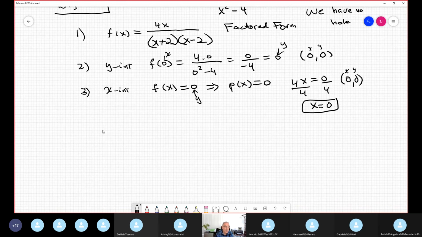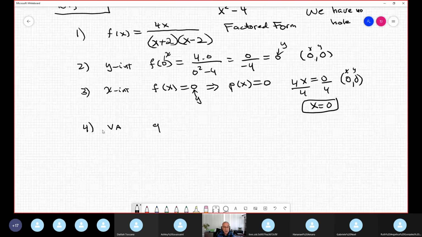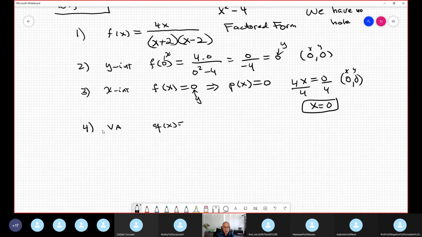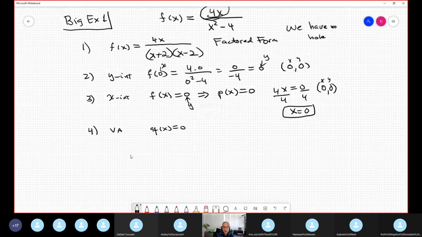Any question? Does anyone follow me or no? Confusion or clear? Hey, answer me. It's clear. Let's go to number 4, the vertical asymptote. For the vertical asymptote, remember, you take the polynomial at the bottom equal to 0. I don't know if it's good for you or no. Take the original or the factored form.